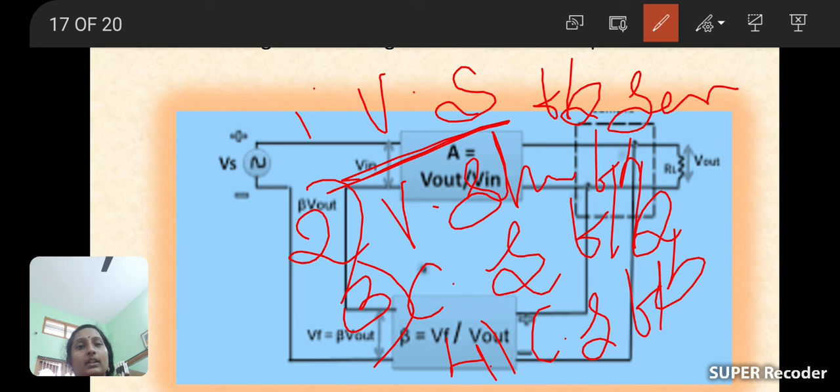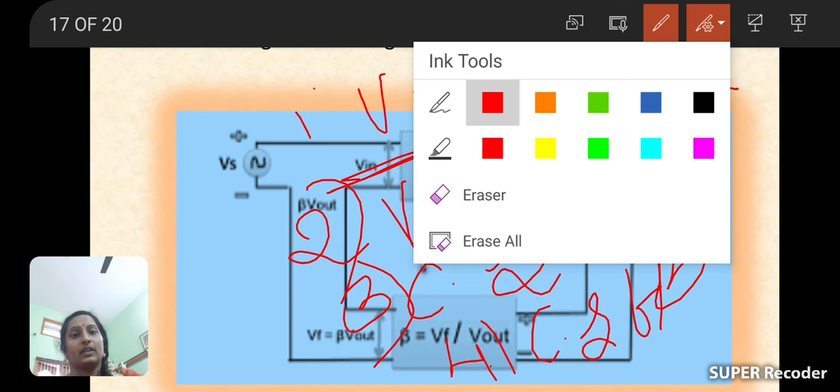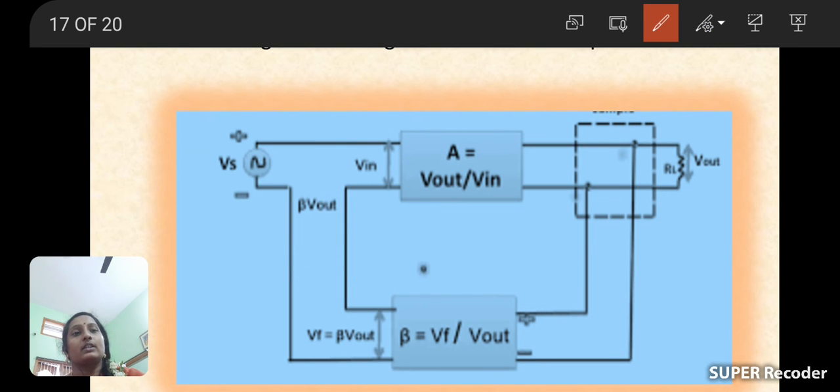Four types. Based on the parameter, voltage amplifiers and current amplifiers. Based on the connection, voltage series, voltage shunt, current series, and current shunt feedback amplifiers. Is it clear?